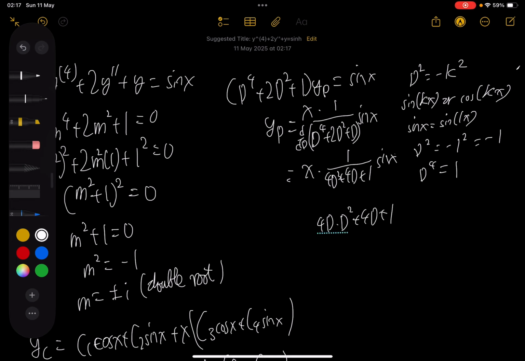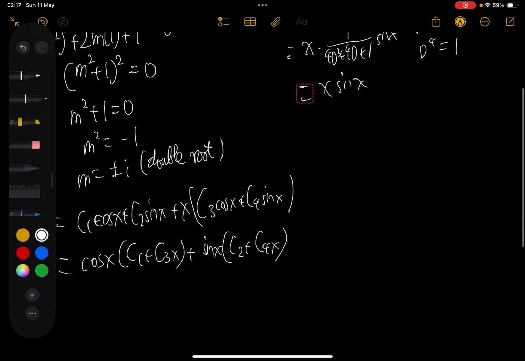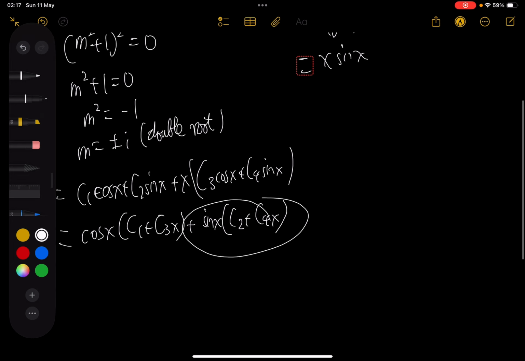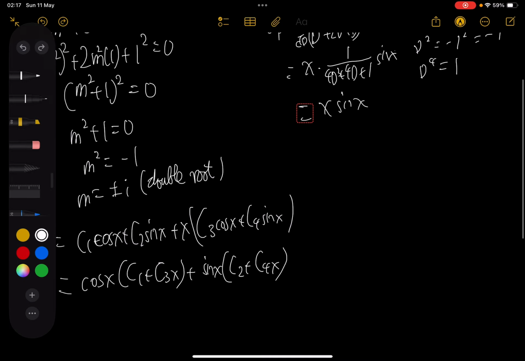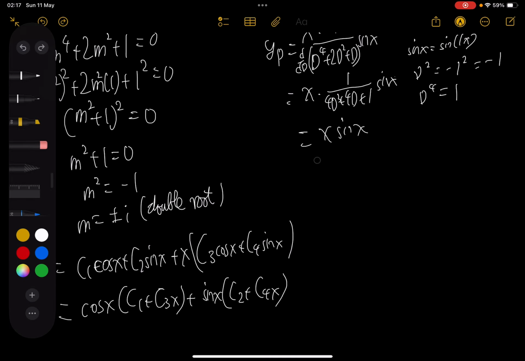Whenever you replace D squared with negative 1, you get negative 4D and 4D cancel. However, you cannot do this, because you cannot cancel out the solutions. This is not going to work. Your answer is wrong because you already have an expression x times sine x in the complementary solution. This is a repeated solution. Therefore, we cannot do this.